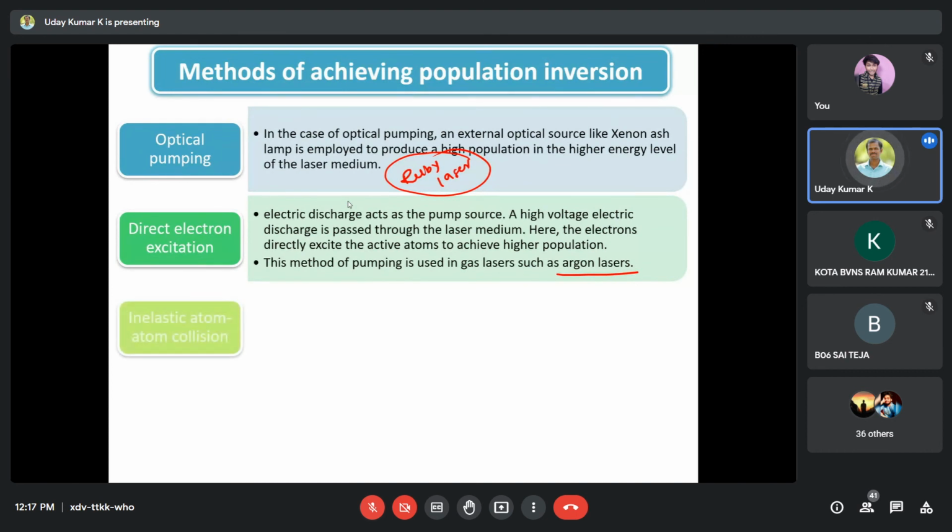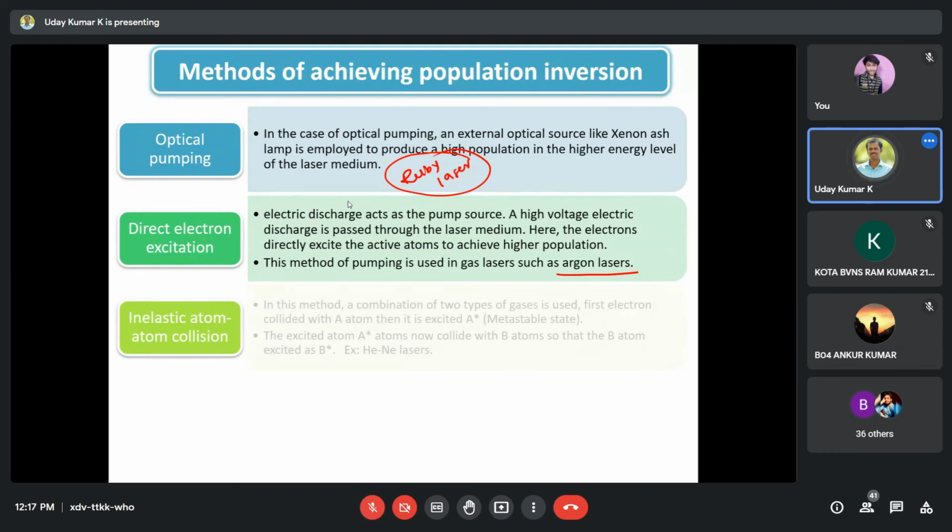Then you have inelastic atom to atom collision. You must be very familiar with this word from intermediate. In inelastic atom to atom collision, a combination of two types of gases will be used. First, an electron will collide with the A atom.